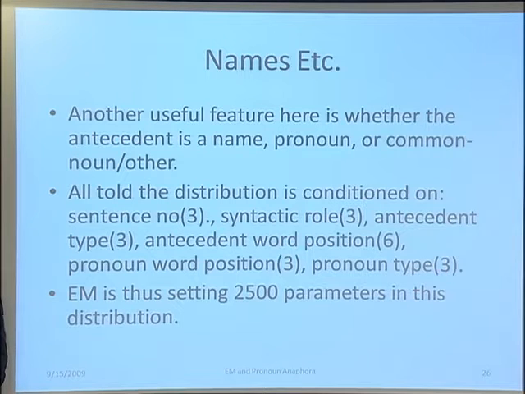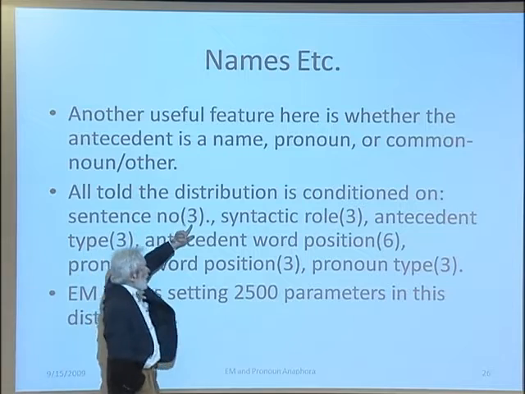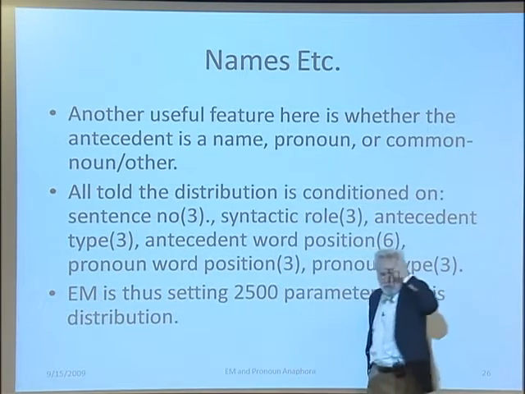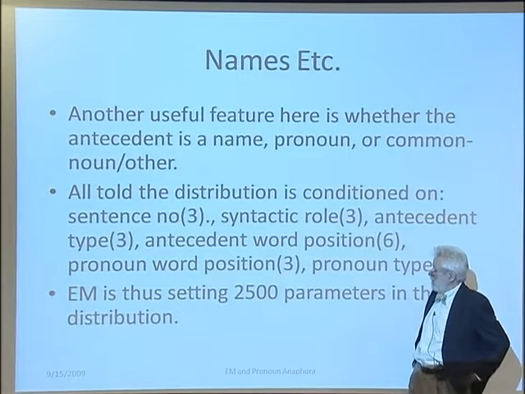If you just said some other person, blah, blah, blah, that person probably isn't important, and is less likely to be an antecedent. So we ought to condition on that.